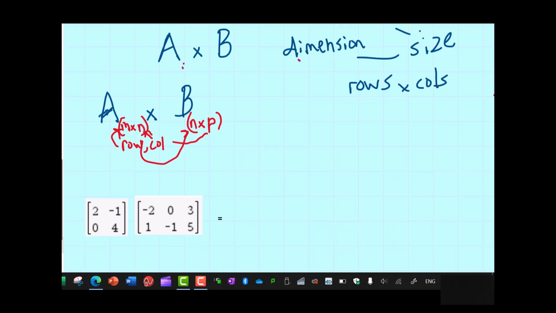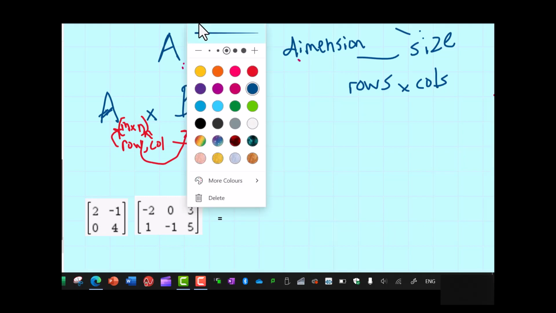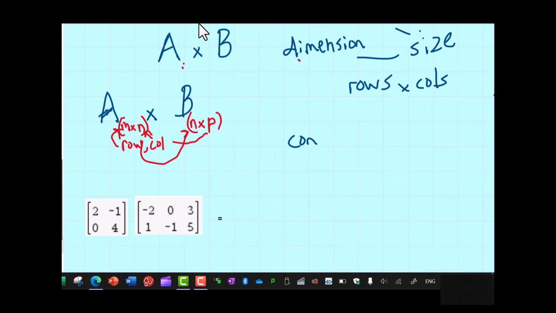Okay, so we can see that the number of rows of matrix A doesn't necessarily have to equal the number of columns of matrix B, but in order for them to be what's called conformable, we need to check something. That word is conformable. It means they're actually able to be multiplied. So if they are conformable, they're doable.